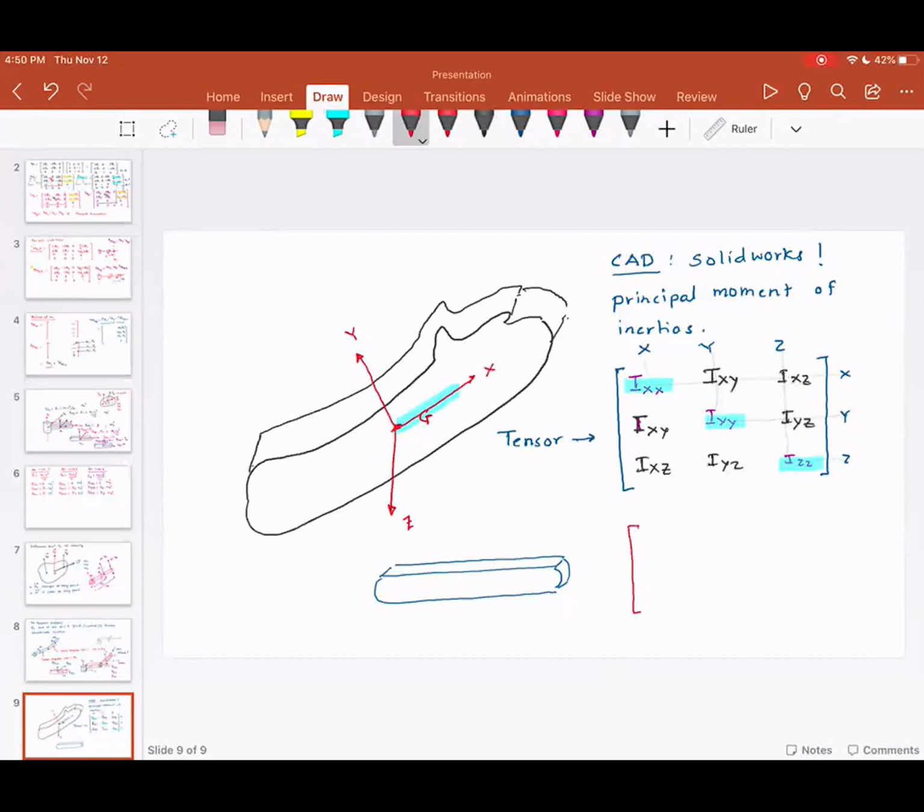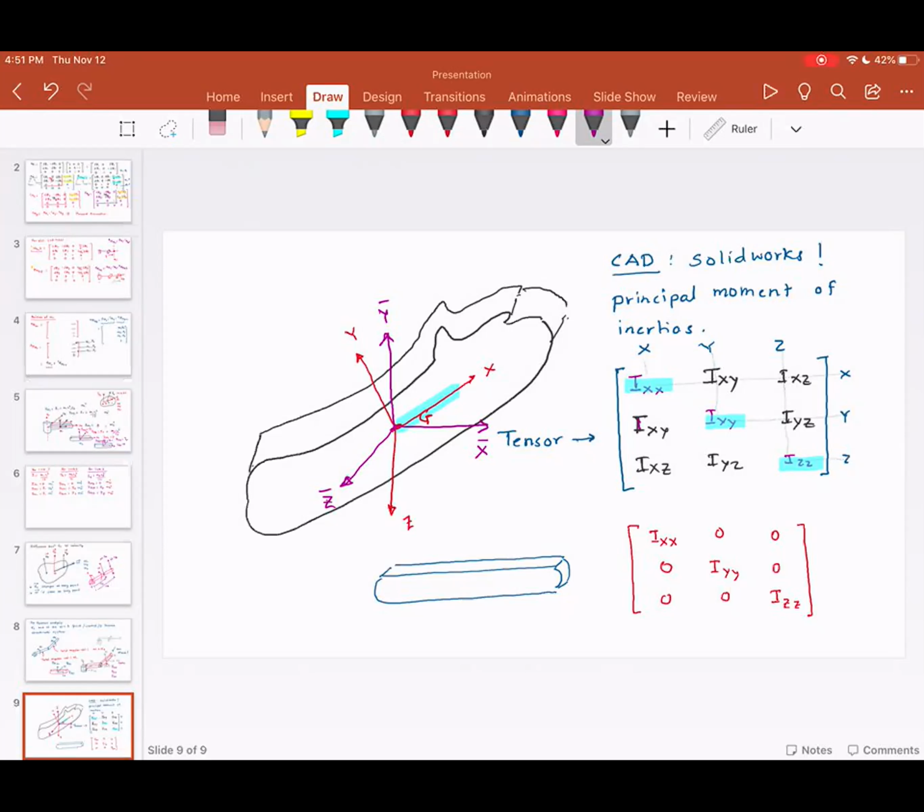If you find the moment of inertia about the principal axis, you are just going to have Ixx, Iyy, Izz, and all other terms will be zero. But if you were to find the moment of inertias about some other axis, I'm going to call this X bar, Y bar, and Z bar, you will have off-diagonal terms.